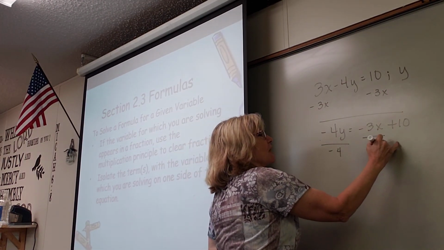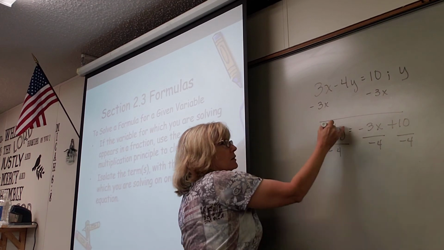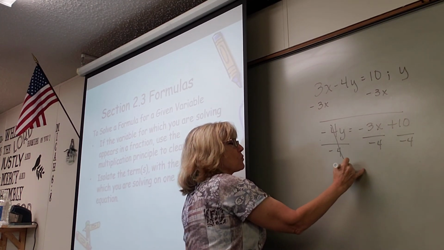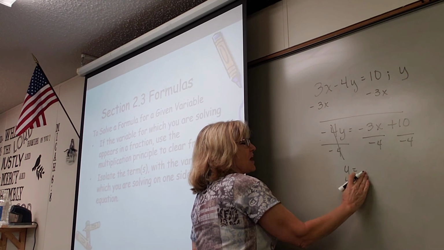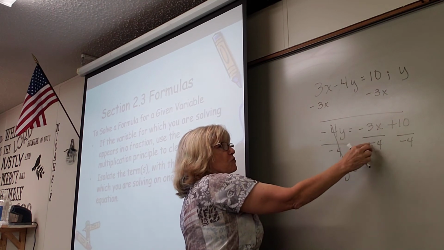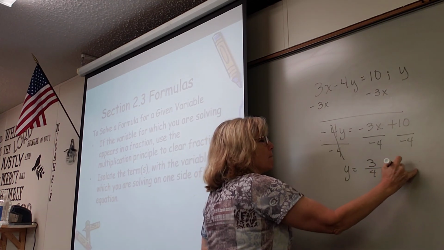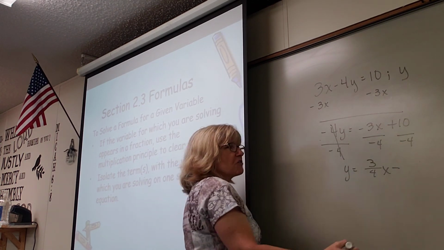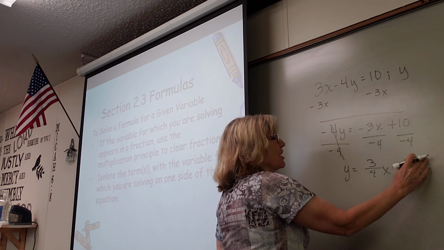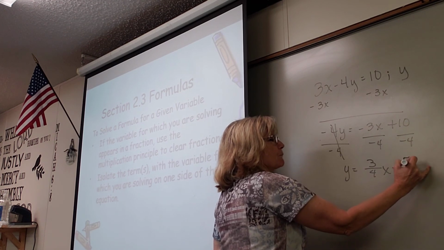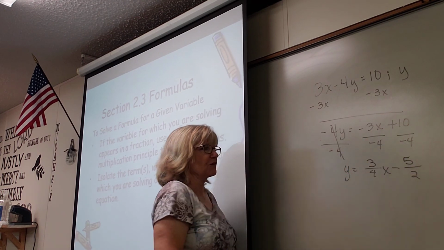Just make sure that you divide each term in the equation by negative 4. So y equals, this is actually going to be a positive 3/4 because these are both negative. So 3/4 x minus 10 over 4 is reduced to 5 over 2. Okay, I just went ahead and reduced the fraction.